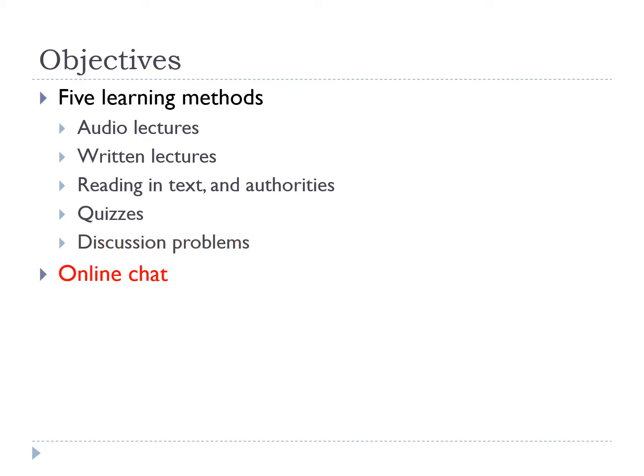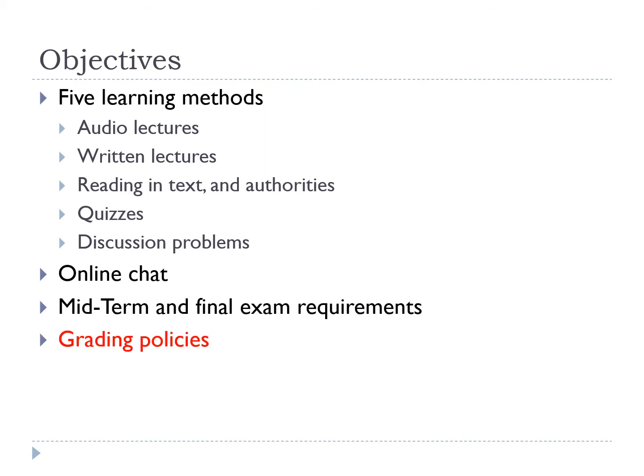Another learning method is the weekly online chat. Another objective of this lecture is to review the midterm and final exam requirements. And a final objective is to review the grading policies in this course.